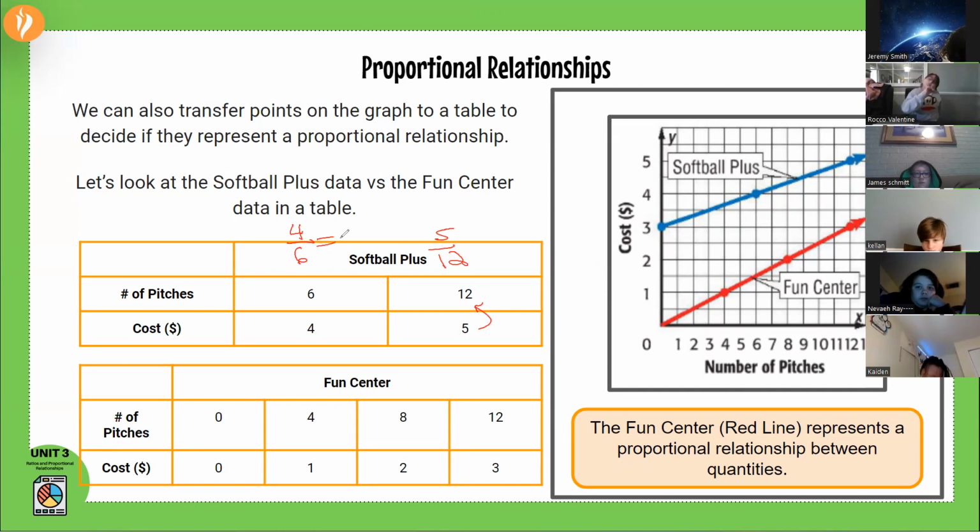What's 4 divided by 6 in your calculators? Karen said it's 4 divided by 6. Isn't it 0.6666666? Which is 67 cents, right? What is 5 divided by 12 in your calculator? What's 5 divided by 12?